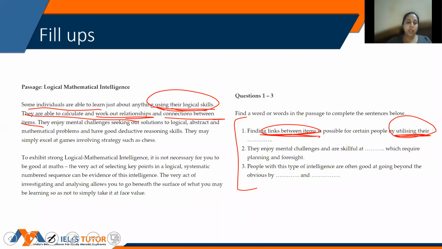Now, for example, if the statement is: find link between items, is possible for certain people by utilizing their dash to reason.